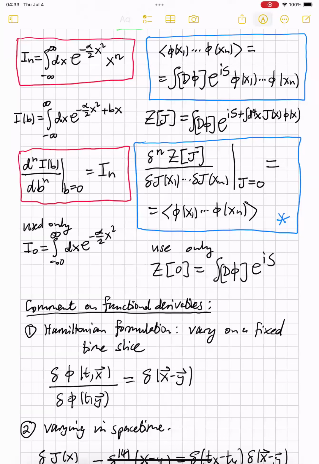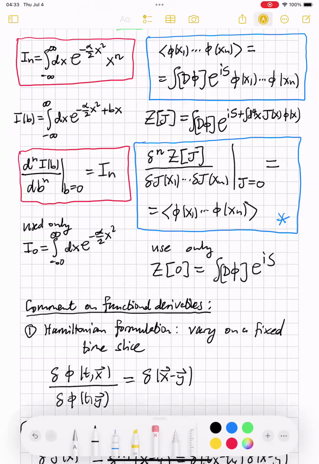Now, I want to remind you of one other thing. I naught is also I with b equal to 0. And that maybe makes it look a little bit more symmetric.